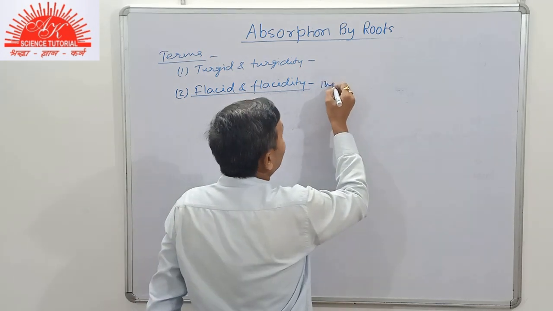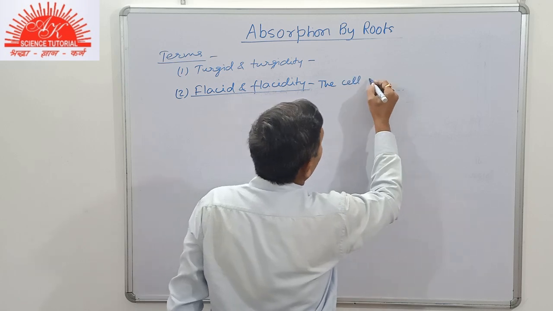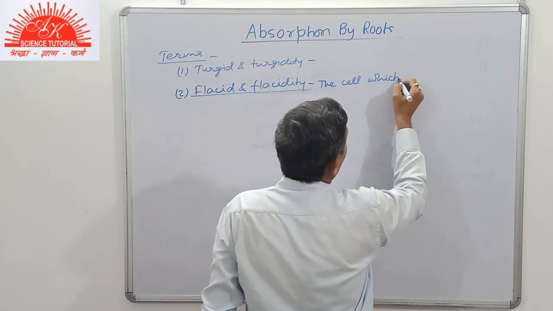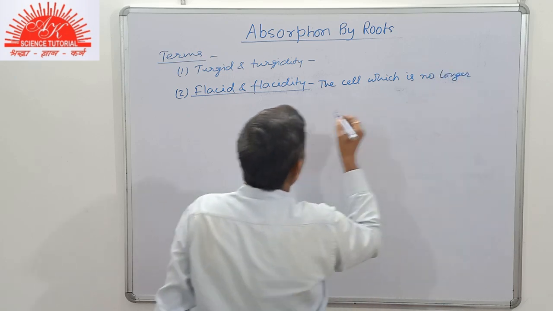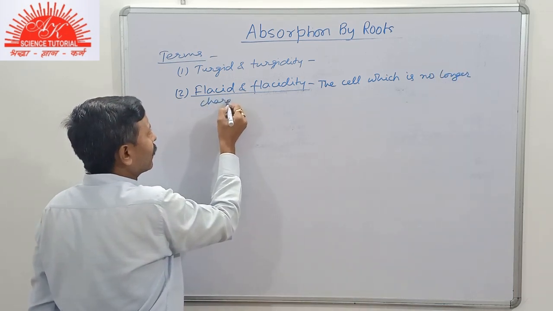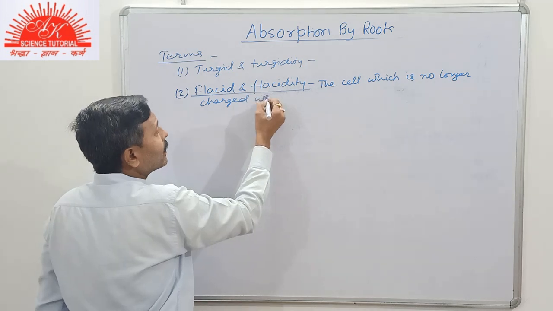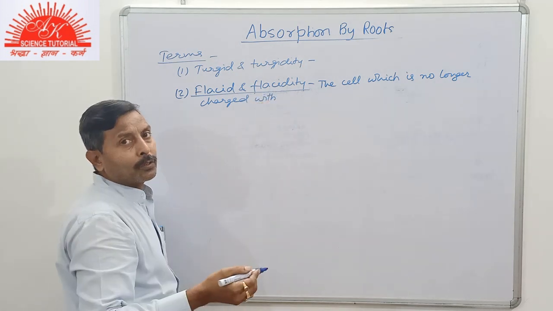That is, the cell which is no longer charged with water. When the cell is turgid, it is fully charged with water.